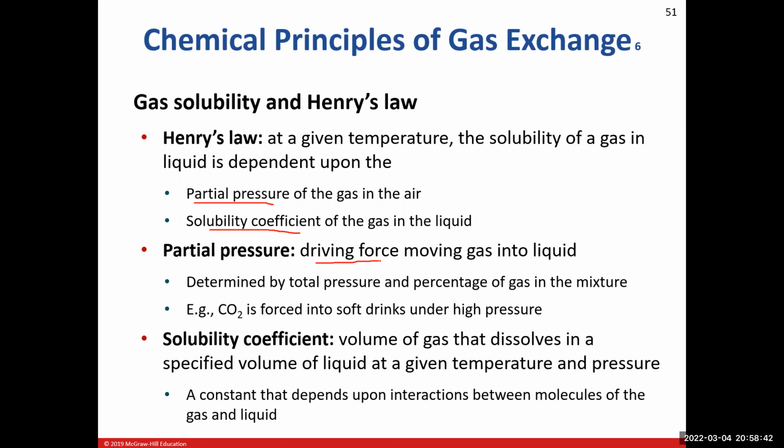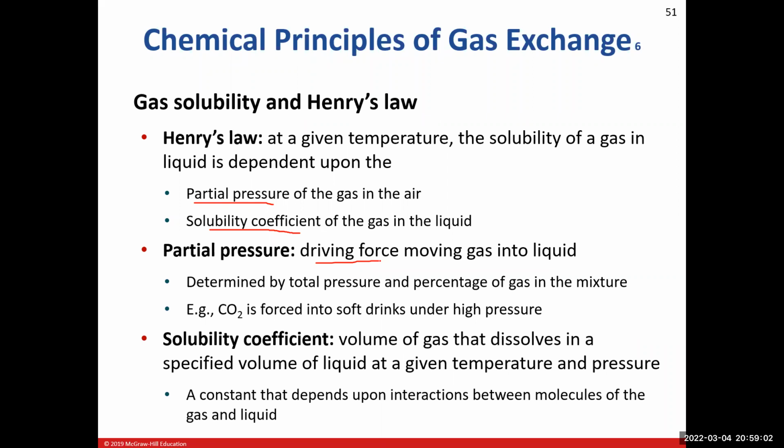So how do I carbonate that drink? I have to drive that carbon dioxide into the liquid. And so basically I have to force it in there using a pressure. The higher the pressure, the more I'm able to force that gas into a liquid form.